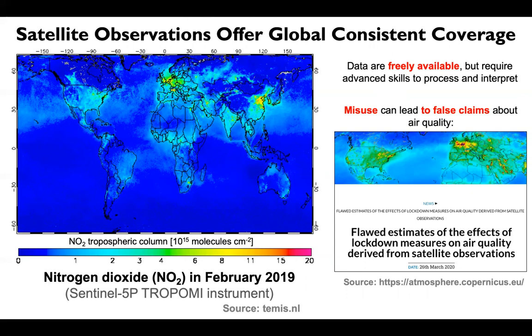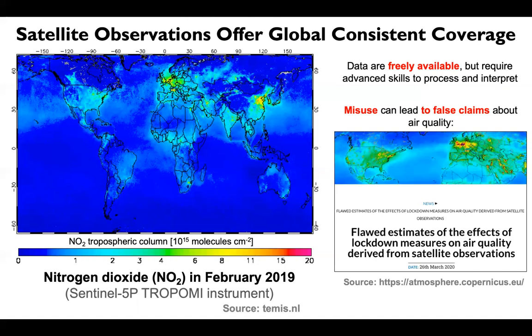What's great about satellite observations is that the data is freely available. Anyone can access it on NASA and ESA data portals, download it and use it, but it does require advanced skills to process and interpret the data, and often other tools are needed alongside it, like chemical transport models. And we've seen from the recent lockdown measures that have led to dramatic declines in air pollution that there is also misuse of these satellite observations that can often lead to false claims about changes in air quality.